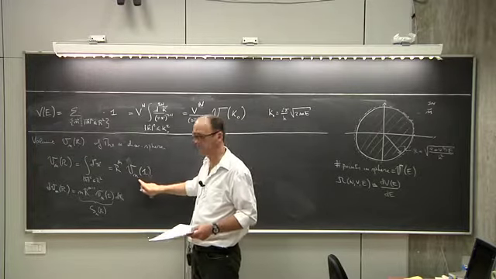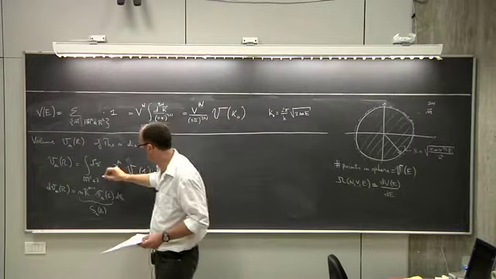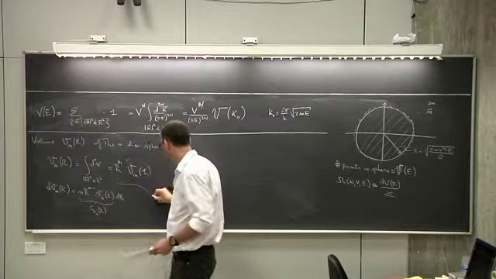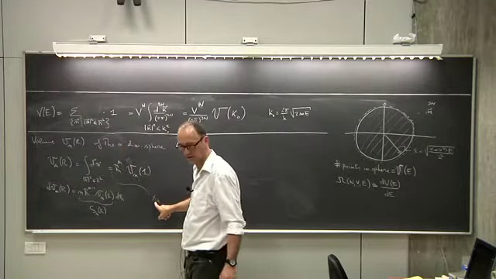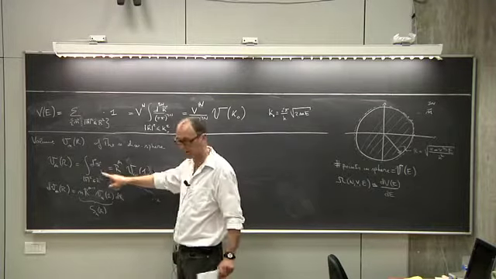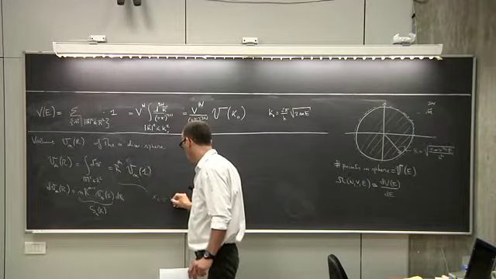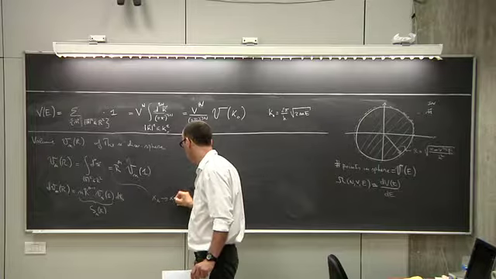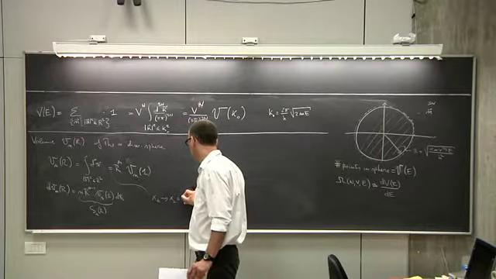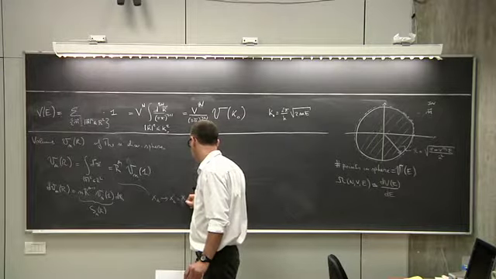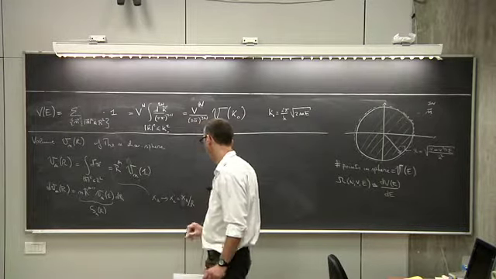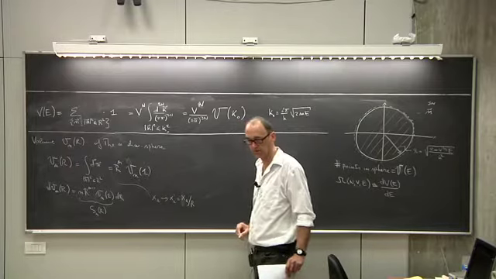R to the n times this. But I did a change of variables. So you take any variable x_a on which you are integrating here and change it into a variable x_a prime, which is x_a divided by r. Okay.